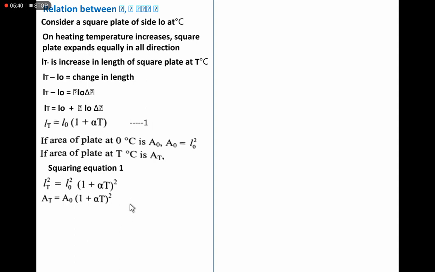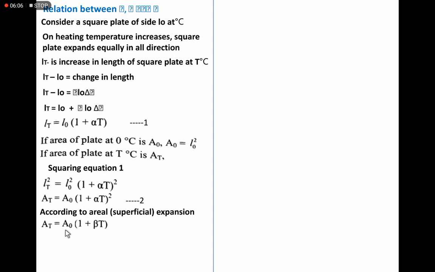But in superficial or areal expansion, we learned that AT is equal to A naught into bracket 1 plus beta T. Students, the request is that the previous videos or previous articles must be thorough, then only you can follow this article.